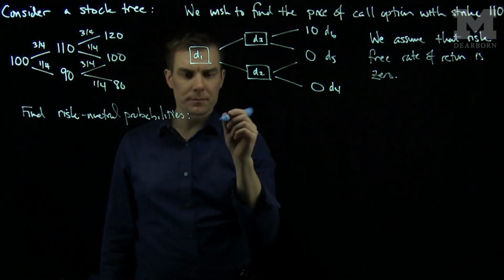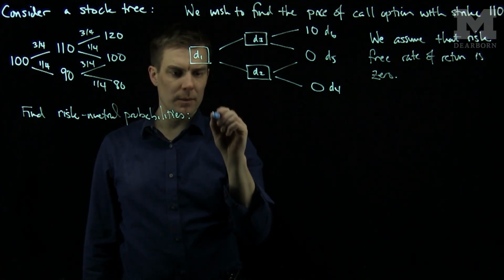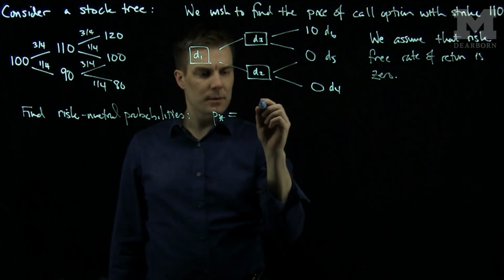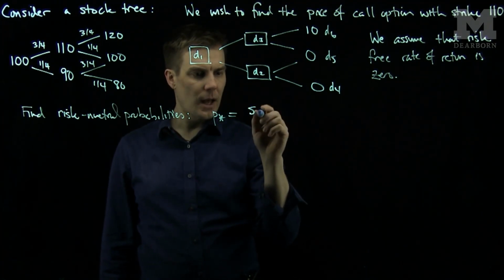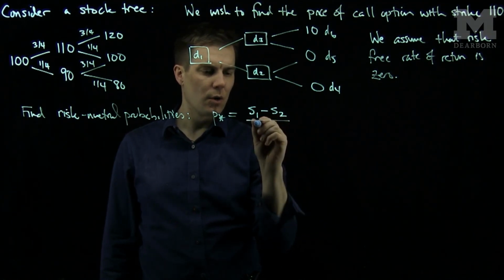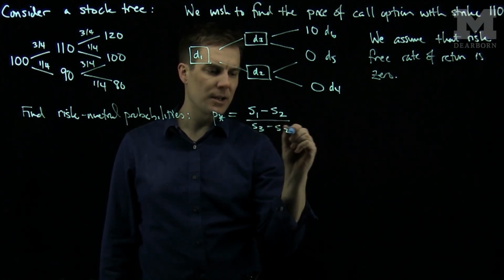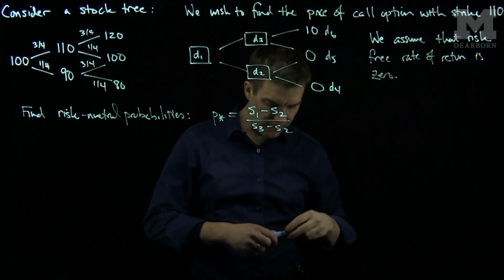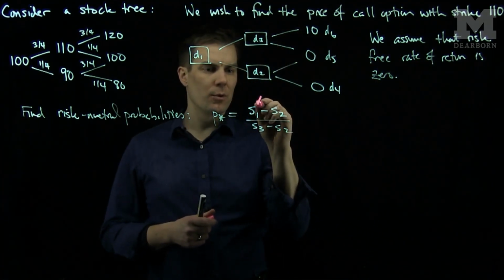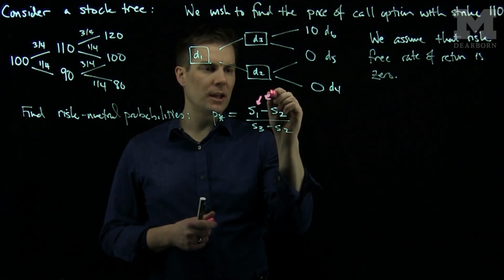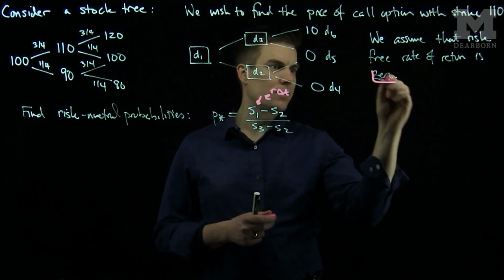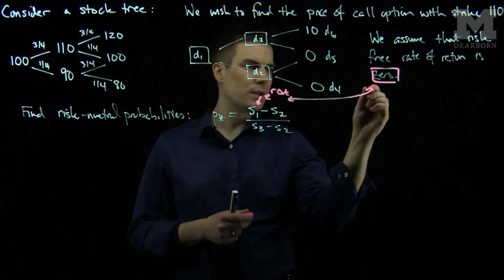Recall that the risk-neutral probability, P star, for one particular branch is given by S1 minus S2 over S3 minus S2, where I have omitted the factor. Typically, since we've assumed the risk-free rate of return is 0, there would ordinarily be a factor of e to the r delta t here. But since we've assumed that it's 0, we will treat this term as if it was 1.